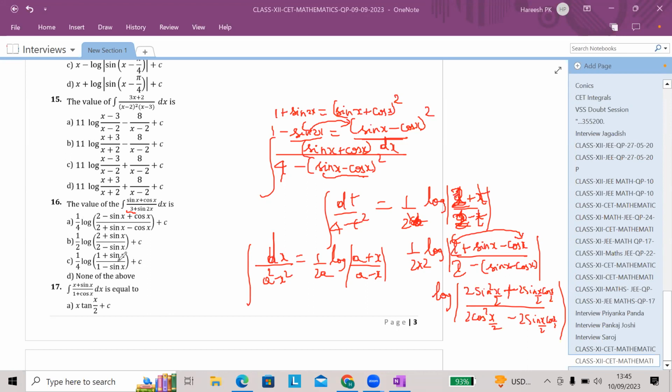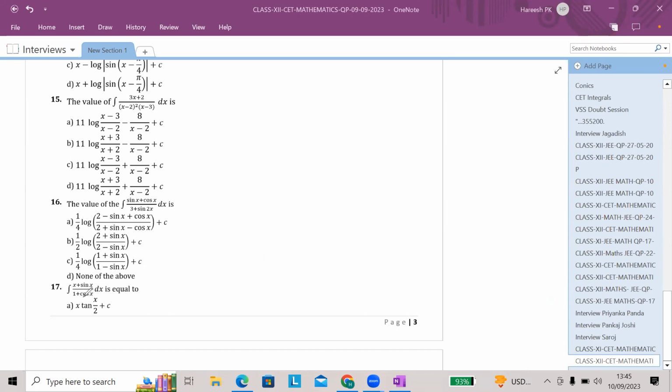Next one is again an easy question. Split it separately. You'll get x by 1 plus cos x, which is 2 cos square x by 2, plus 2 sin x by 2 cos x by 2 by 2 cos square x by 2. So the second term is somewhat easy.